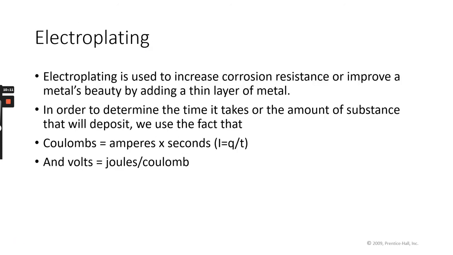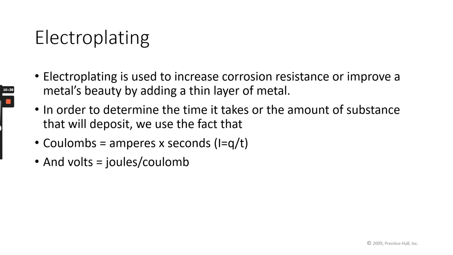Electroplating is used to increase corrosion resistance. You can put a thin layer of a metal on top that would protect the metal underneath. Or it could be used to improve a metal's beauty by adding a thin layer of the metal. If you have jewelry and it's called gold plated, it has a thin layer of gold on the outside, but underneath it is some other metal.